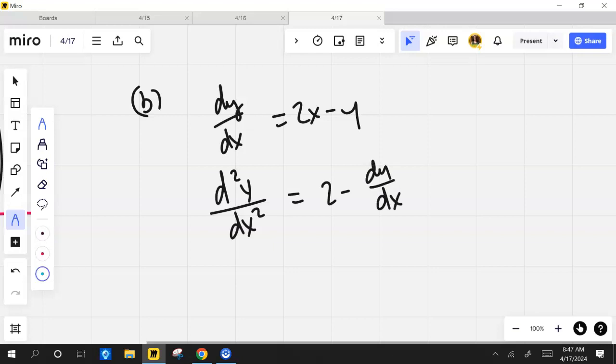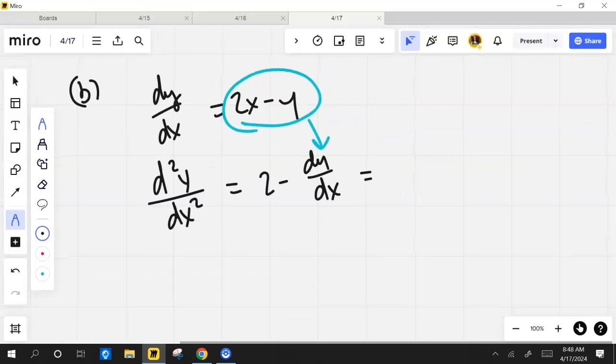And for that, all you have to do is plug this back in here. So your second derivative ends up being 2 minus 2x plus y, because you have to subtract all of that. There's 1 point for your second derivative.